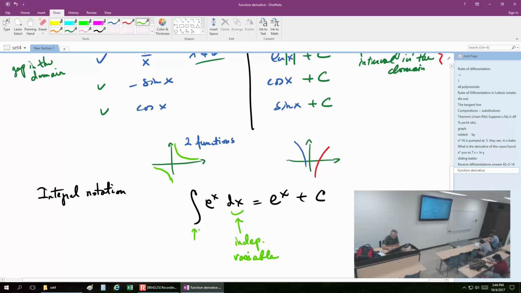Then this is the integral sign. Naturally this is called the integrand, in other words, the function that we are trying to find the antiderivative of. And this is called the constant of integration.